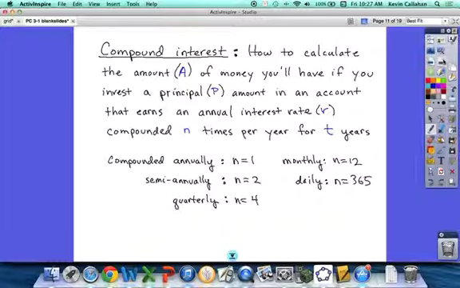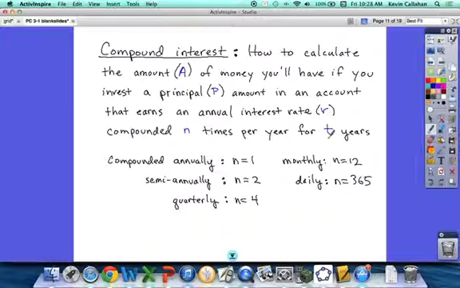But basically, we're trying to calculate the amount of money that you'd have if you invest an amount, which is called the principal, P, in an account that earns an annual interest rate, which we refer to with R, and it's compounded N times per year, and it's invested for T years, right? That's what all these letters mean before we get into this, okay?